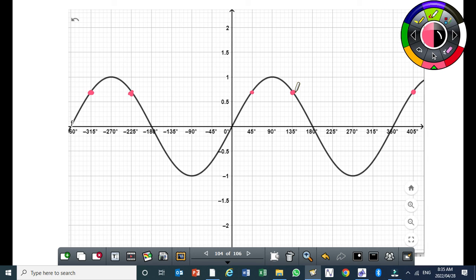So if you put the x values at any of these points in the calculator, those values will give you the same value, which is square root of 2 over 2. But we are only talking about, if I'm not mistaken, this is 360 here, so minus 360 up to 405.